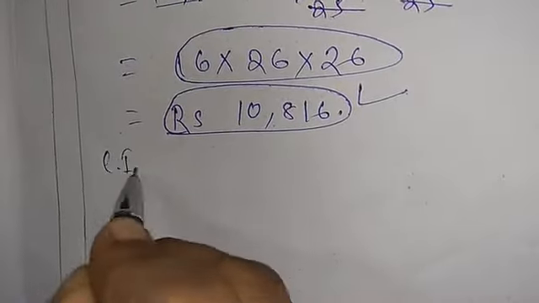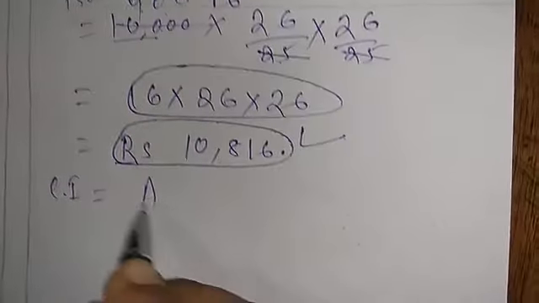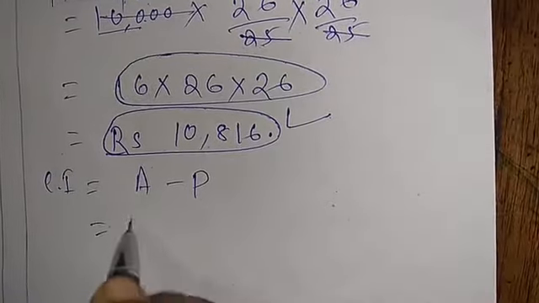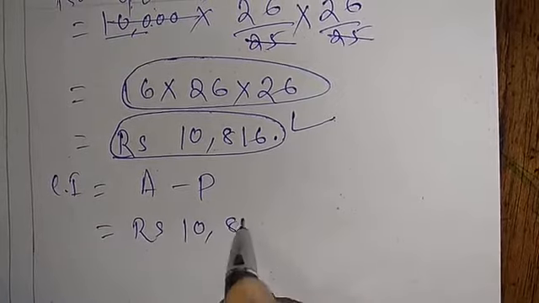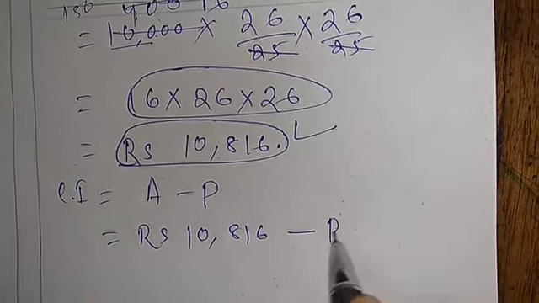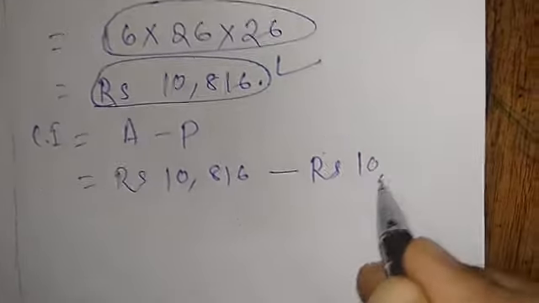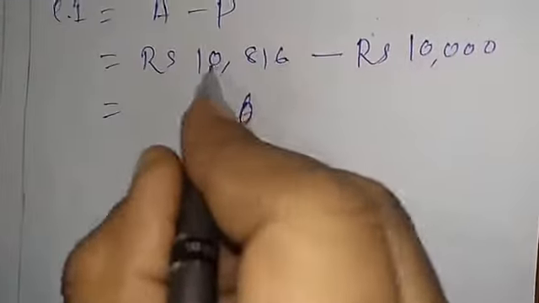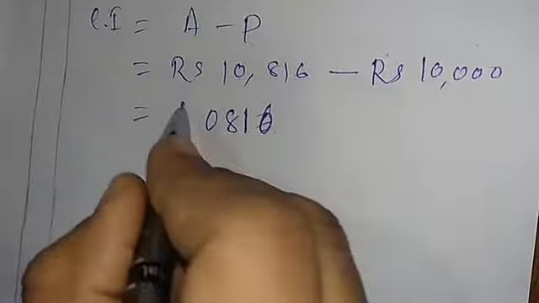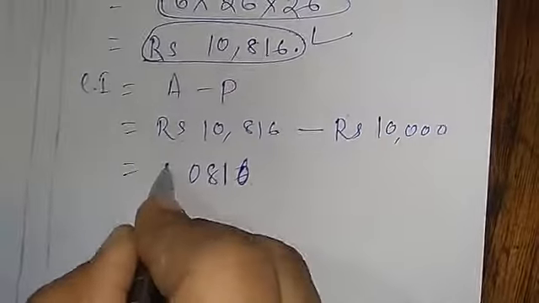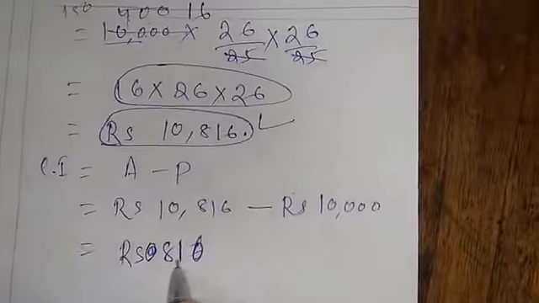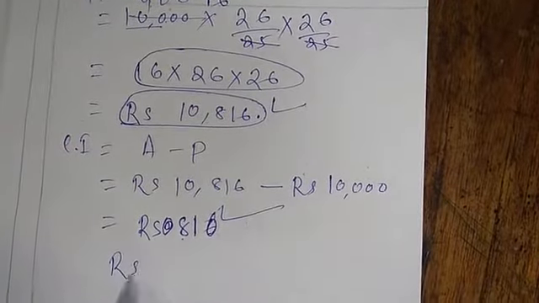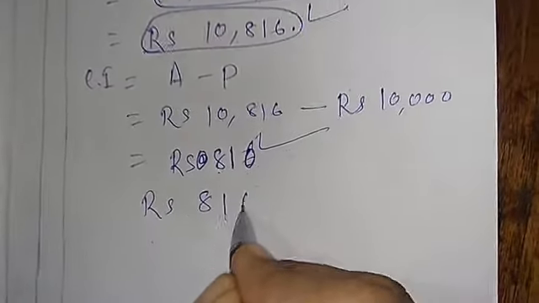So we find the compound interest. Compound interest means amount minus principal. So amount equal to 10,816 minus principal equal to 10,000. We subtract. So 6 minus 0 equal to 6, 1 minus 0 is 1, 8 minus 0 is 8, again 0 minus 0 is 0, 1 minus, that means 800. How many rupees? 816 rupees. Again we write 816 rupees.